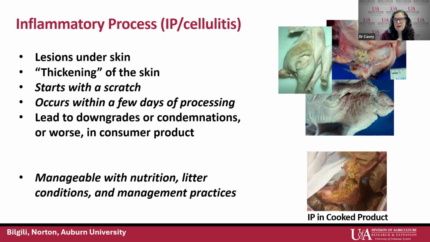Still a good product, but there may be parts that could be condemned depending on the severity of this. So it does lead to downgrades, for example, if you are trimming that out, or condemnations, and then that affects the consumer product, or the amount of product that you can put out, because hopefully you're catching that in the processing plant. But it is a significant problem in certain places.